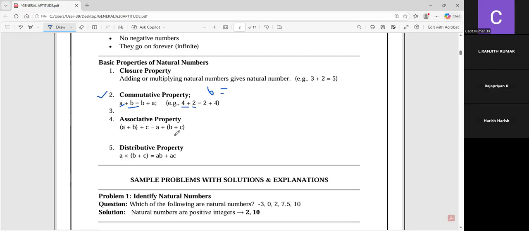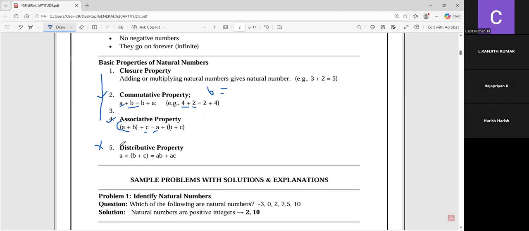Third one, associative property. The sum of two components added to another component should be equal to the combination of another two components plus the remaining component. This is called the associative property. These four properties play a very important role. Another important property is the distributive property.